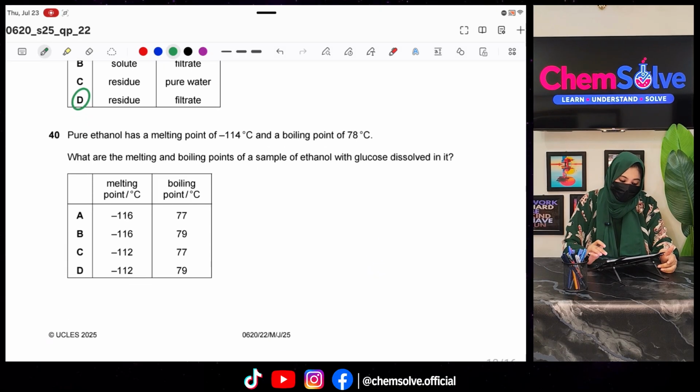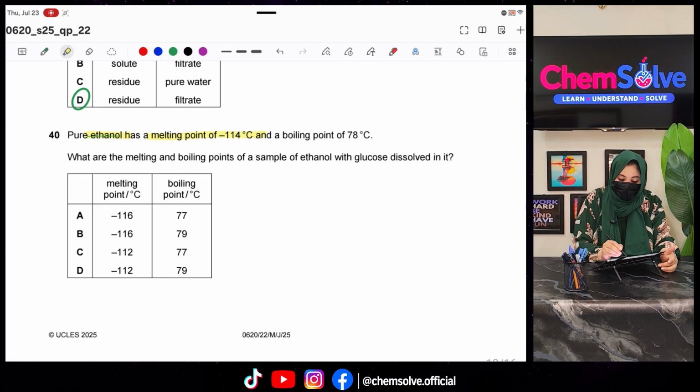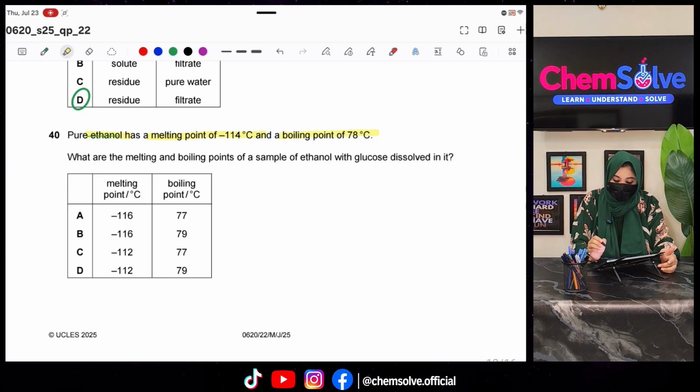Now the last question is question number 40. Pure ethanol has a melting point of -114 degrees Celsius and a boiling point of 78 degrees Celsius. So what are the melting and boiling points of the sample of ethanol with glucose dissolved in it?